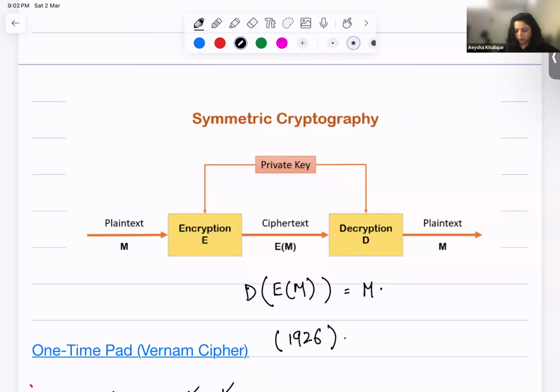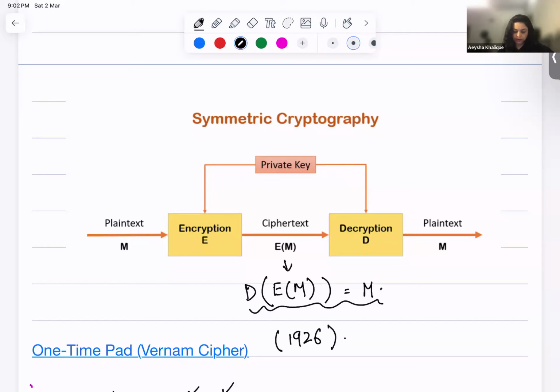EM is the encrypted message, applying the decryption on it to get the message back. And the key has to be the same between the sender and the receiver. So they have to somehow have the same key shared between them.